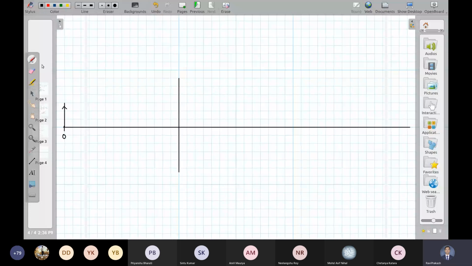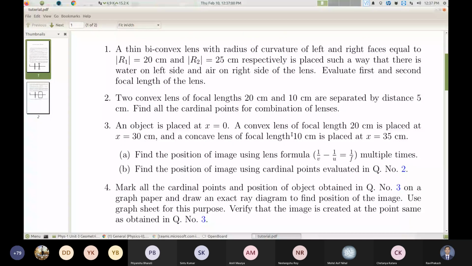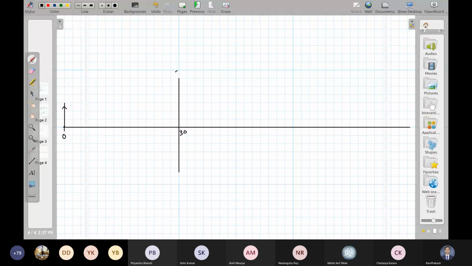What is the focal length? F is equal to 20 centimeter. It's a convex lens. Let me make a rough image of a lens.